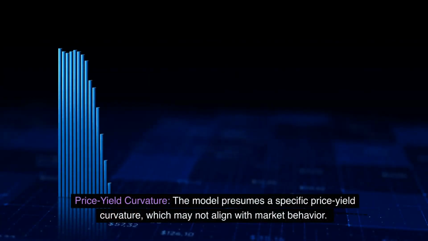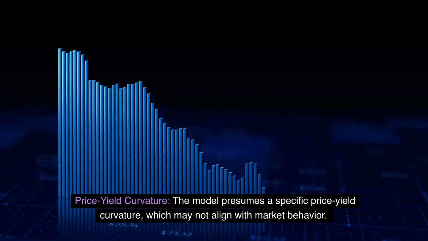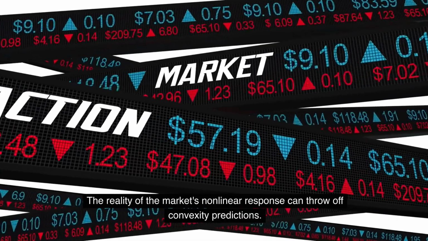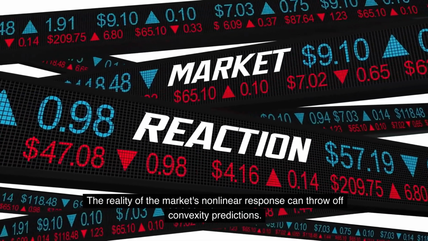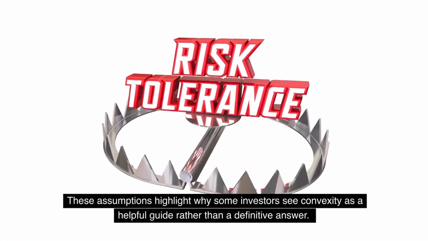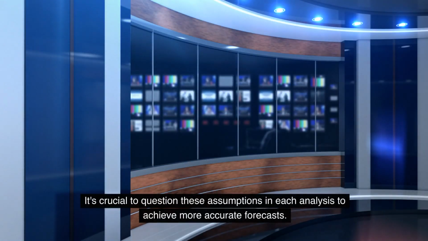Price yield curvature. The model presumes a specific price-yield curvature, which may not align with market behavior. The reality of the market's nonlinear response can throw off convexity predictions. These assumptions highlight why some investors see convexity as a helpful guide rather than a definitive answer. It's crucial to question these assumptions in each analysis to achieve more accurate forecasts.